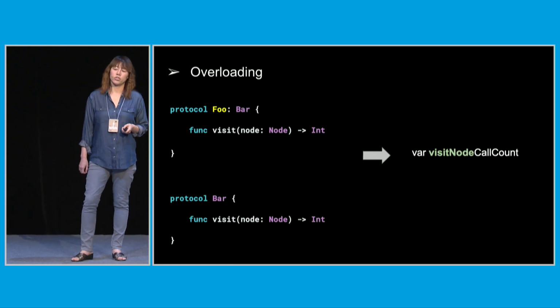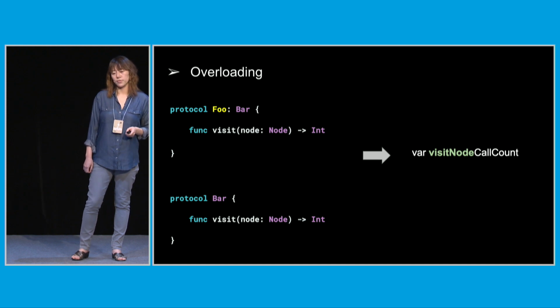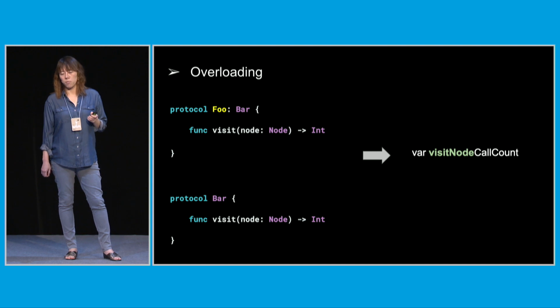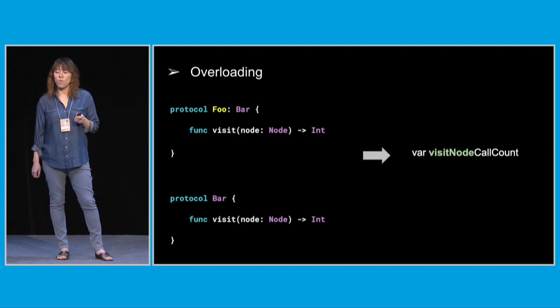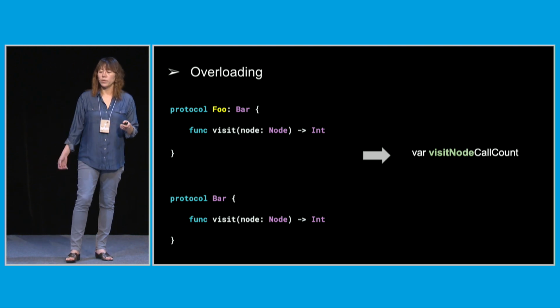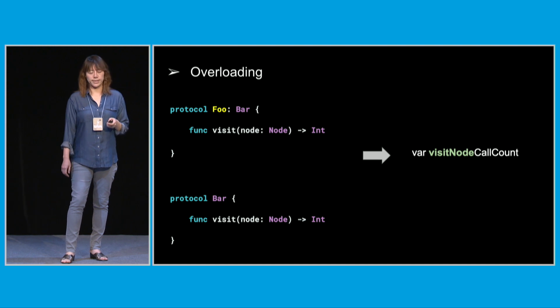Sometimes the same signature can satisfy multiple protocol requirements. In this case, we have protocol foo, which inherits var, and it has an overloaded function called visit with the same type int. And we only need one underlying variable in this case.